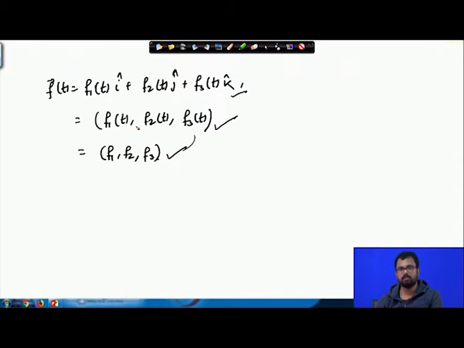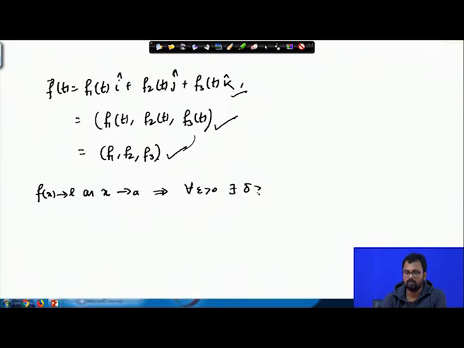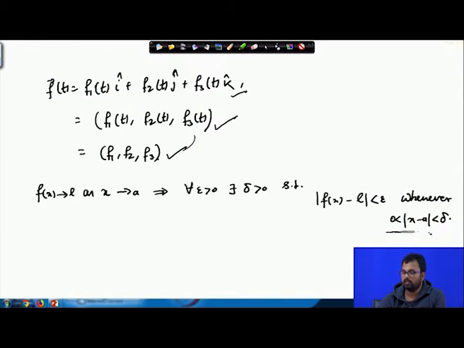The epsilon delta definition for a scalar function is: if f(x) goes to L as x goes to a, then for every epsilon positive there exists a delta positive such that |f(x) minus L| is less than epsilon whenever 0 is less than |x minus a| less than delta. So, this was our epsilon delta definition for a function of a scalar variable when f(x) goes to L as x goes to a.